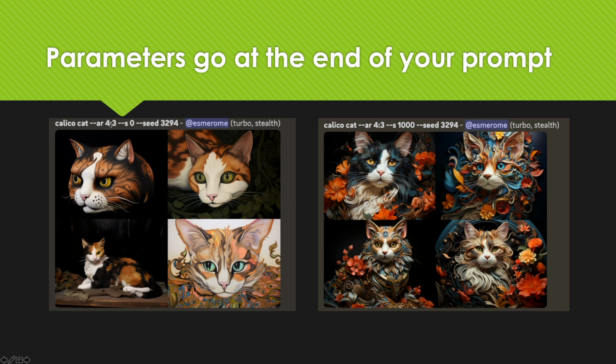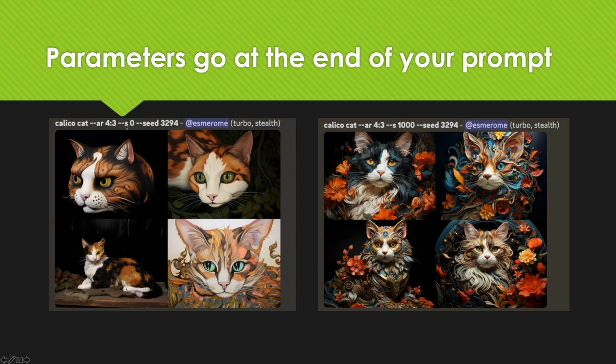So 1:1 is a square aspect ratio. 4:3 means for every 4 inches of width, there's 3 inches of height, or for every 4 centimeters of width, there's 3 centimeters of height, or, because this is a digital image, for every 4 pixels of width, there's 3 pixels of height. So that's what it means.